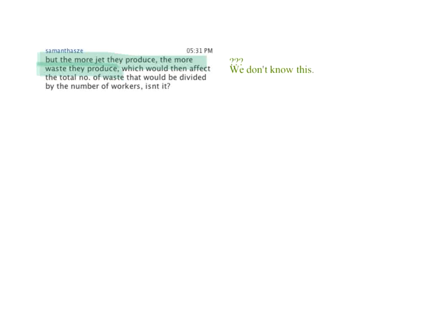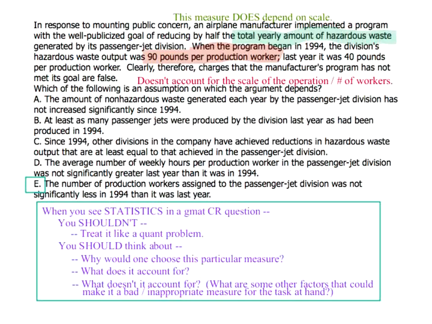Even if it's turning out 0 planes, you still have to have machines that are up and running. So we don't know that. And even if you think there is some sort of connection there, it's definitely not as solid as the connection between these things and E, because the number of workers is the direct mathematical link between pounds per worker and total pounds. There's no question which is more closely related.